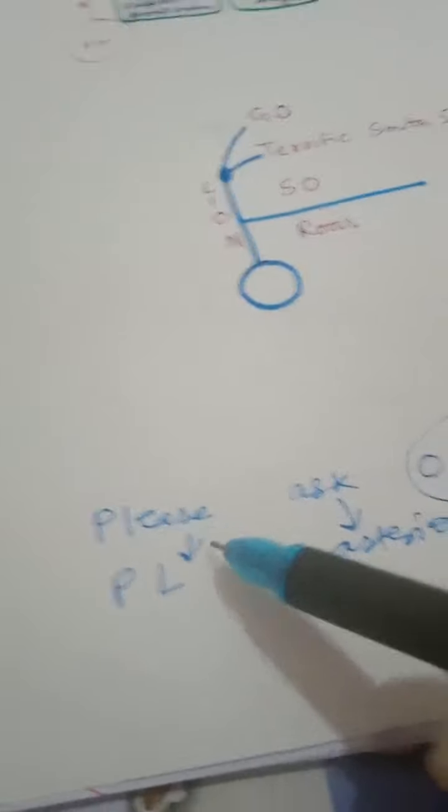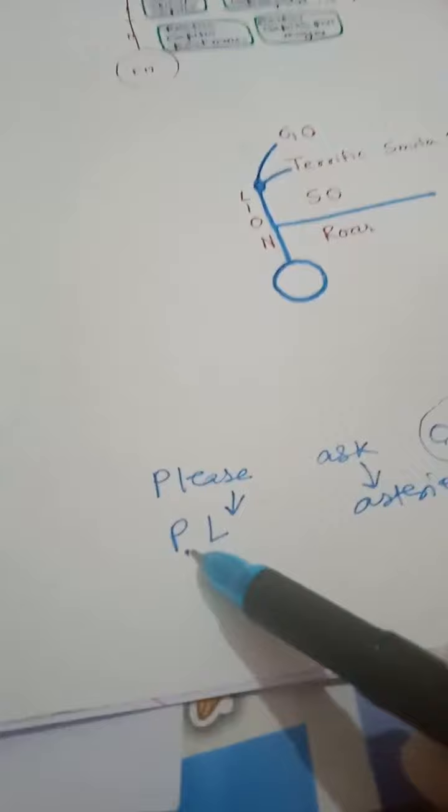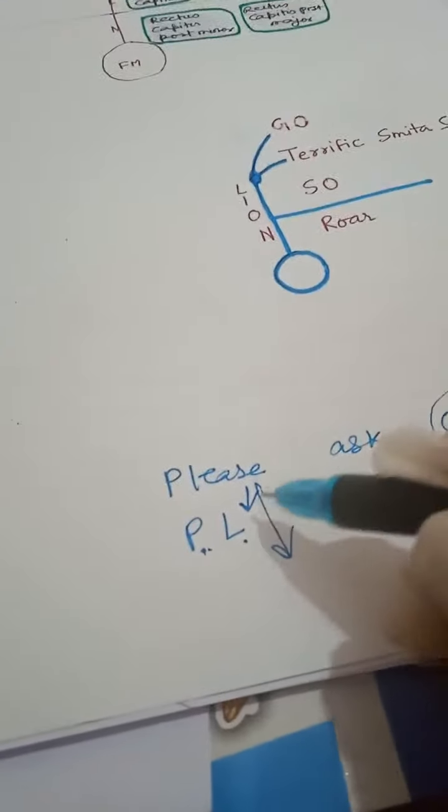It is also the meeting point of three sutures. Remember P for parieto-mastoid suture, L for lambdoid suture, and the rest is easy, you can easily memorize the occipitomastoid suture. So this is the meeting point of those three.